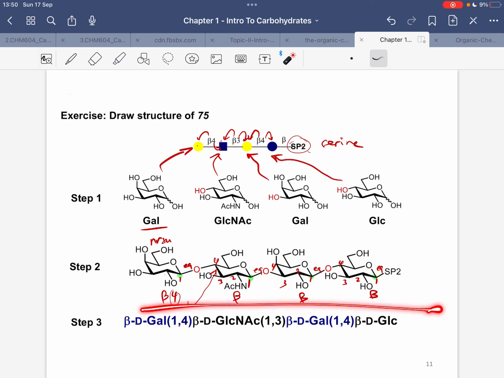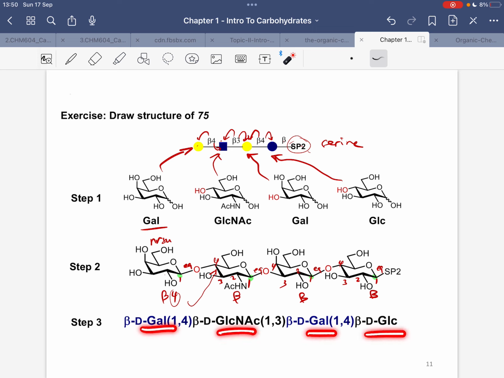Of course, all of these are beta, so that is the configuration of the anomeric carbon here. And all the configurations are dextrorotatory, and these are the specific sugar residues involved in this bonding. So that is how you name polysaccharides. Pretty simple.